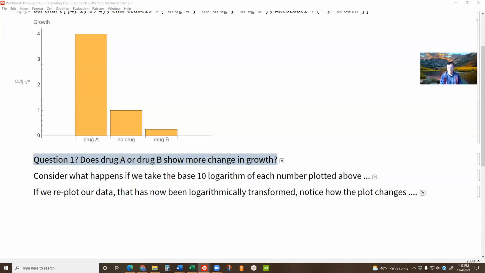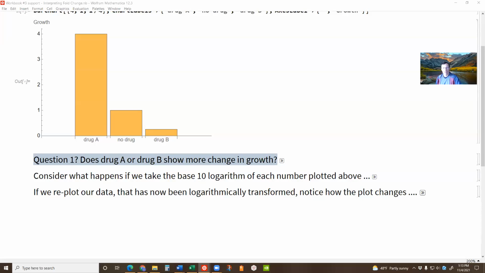The amount of change in growth is the same, but in opposite directions. Drug A does not show more change in growth than drug B. It's the same amount of change in opposite directions.